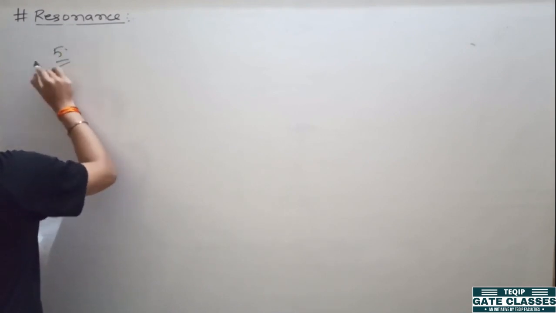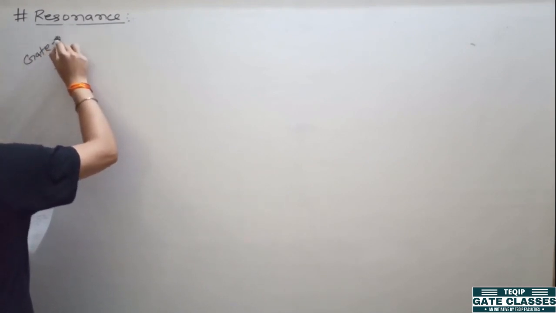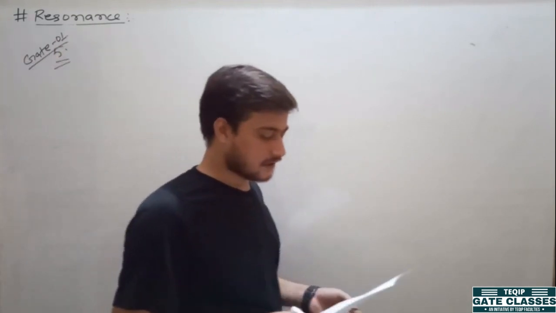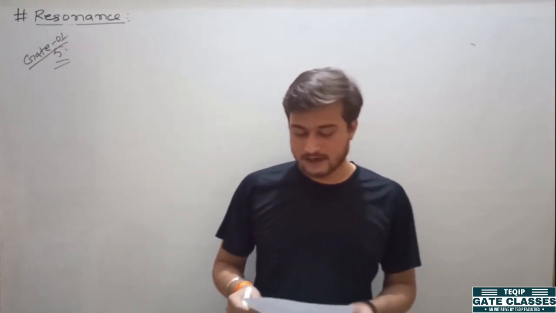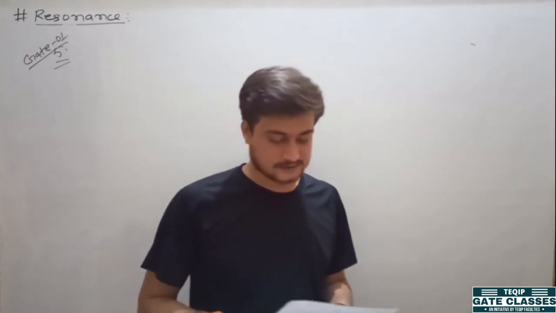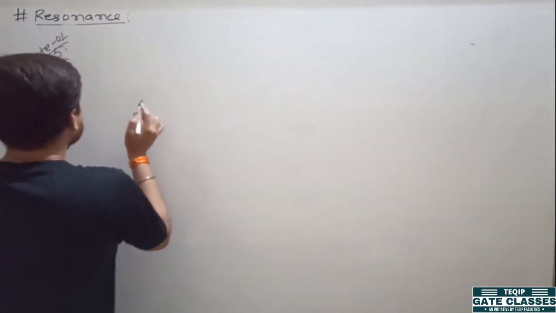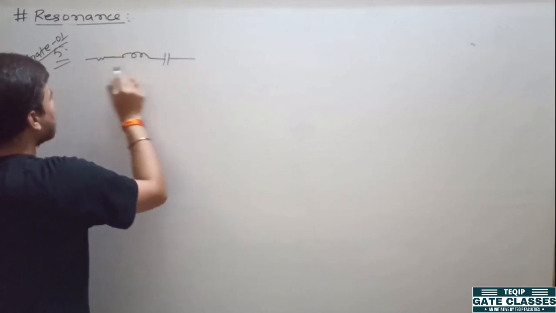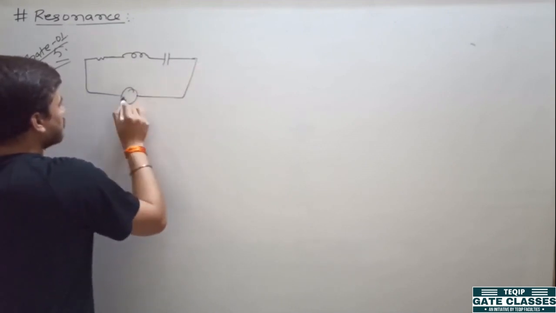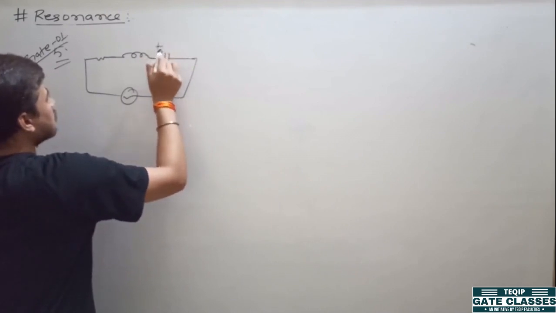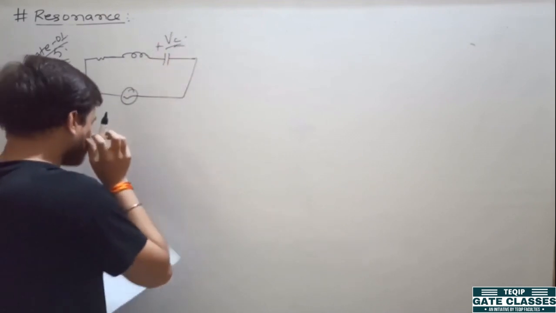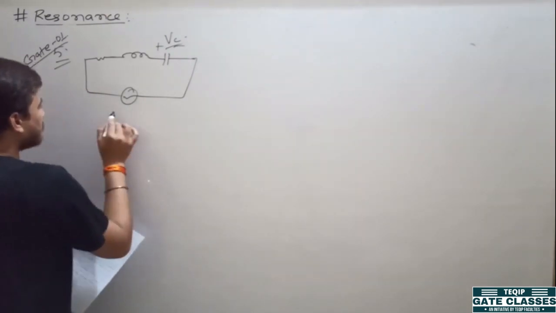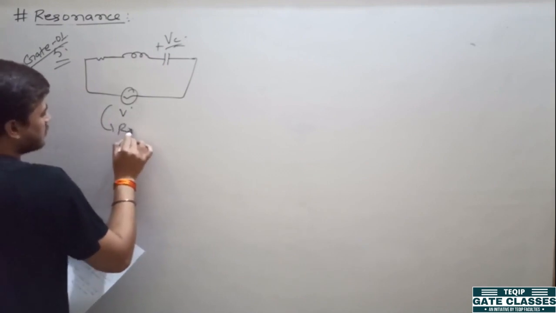Fifth question. It was asked in GATE 2001. They have given: in a series RLC circuit at resonance, the magnitude of voltage developed across the capacitor is. Here the input is V and the condition is resonance.